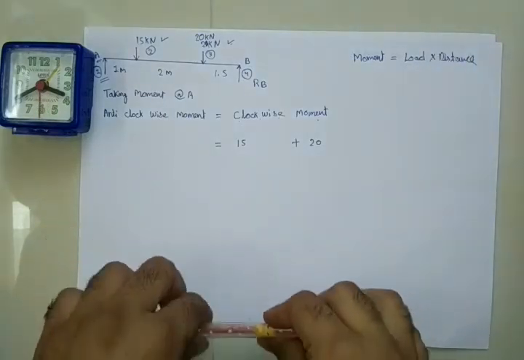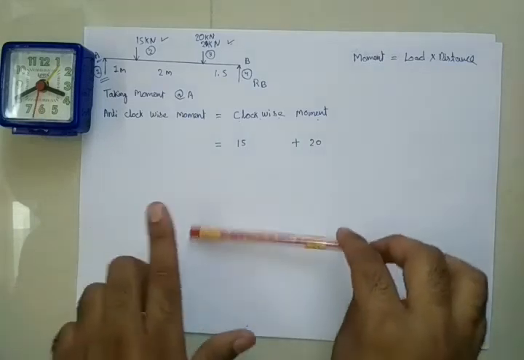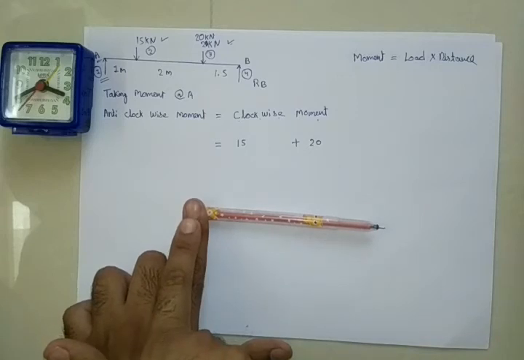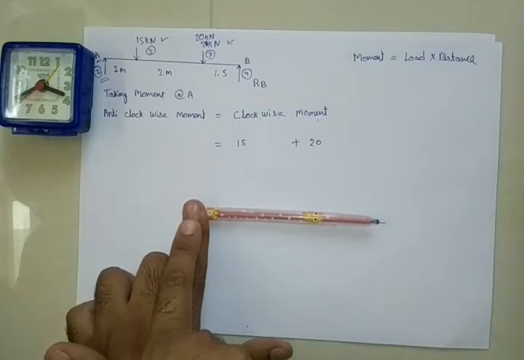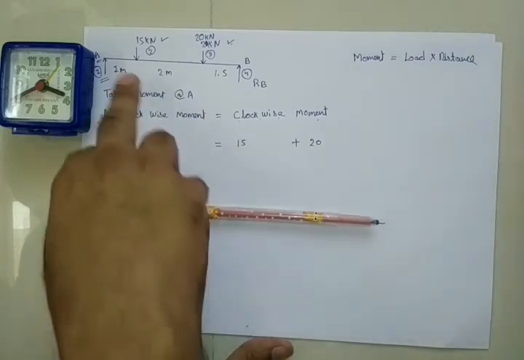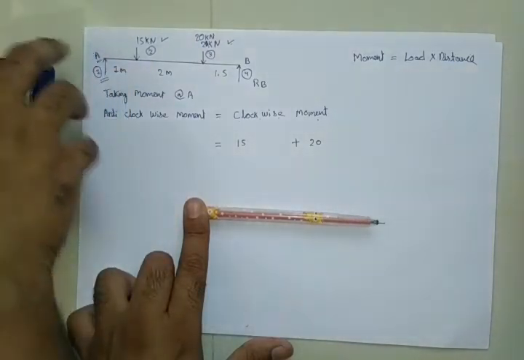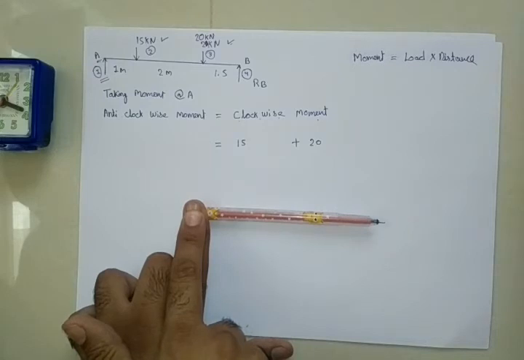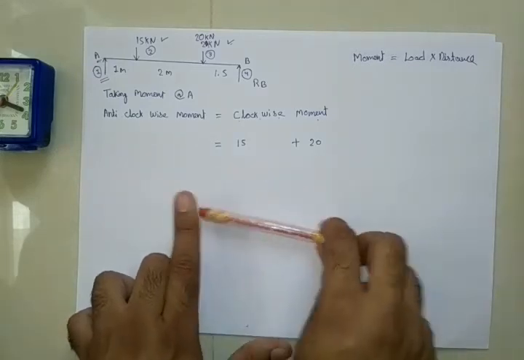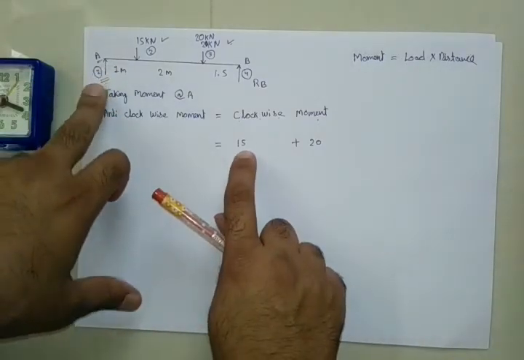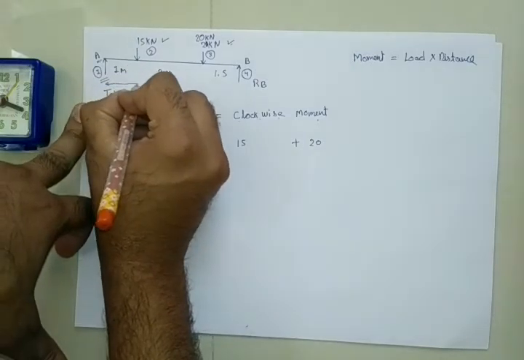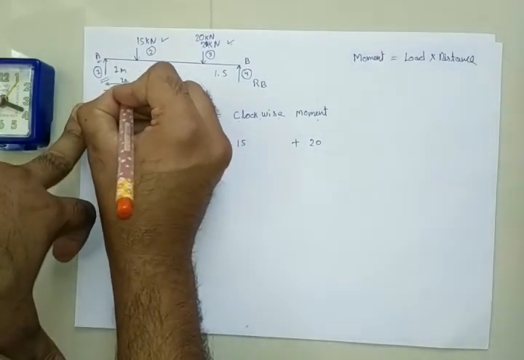Now from where are we supposed to take all this distance? All the distance should be taken from the point which you have taken as a reference. Here what we have taken as a reference is point A. Here I have taken point A as a reference, so all the distances will be taken from point A. Now for the 15 kilonewton load, the distance from point A to the load is 1 meter.